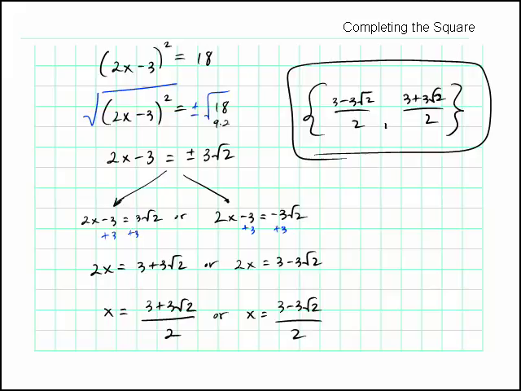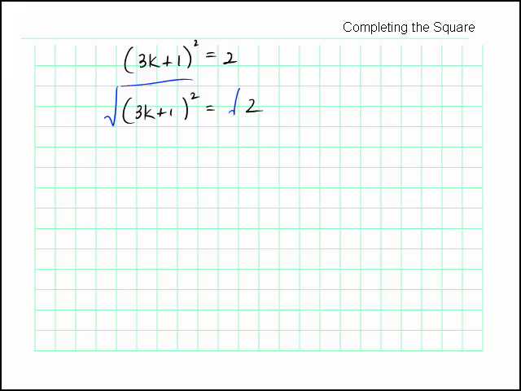Okay, let's try one more like this. 3k plus 1 squared equals 2. I am going to take the square root of both sides. On the left side, we'll just have 3k plus 1.